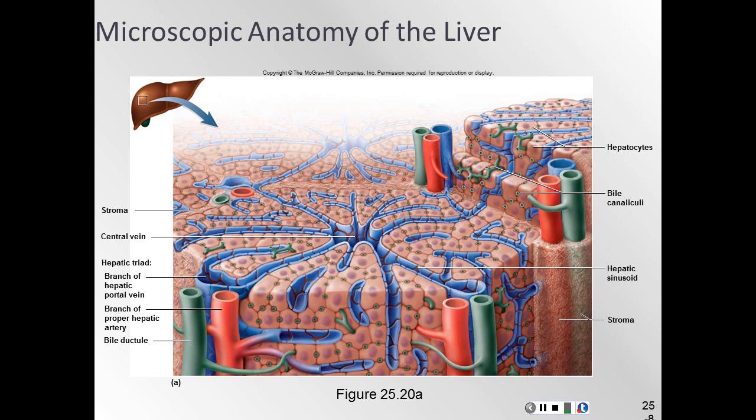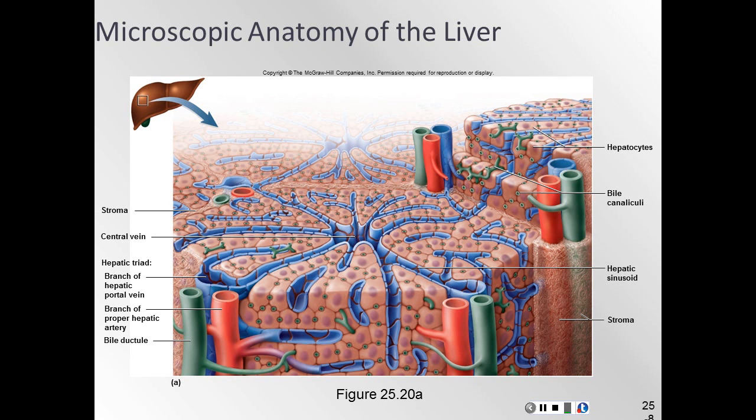The hepatocytes absorb nutrients from this and also remove and degrade hormones, toxins, bile pigments, and drugs. The hepatocytes also secrete albumin, lipoproteins, clotting factors, angiotensinogen, and other factors into the blood.